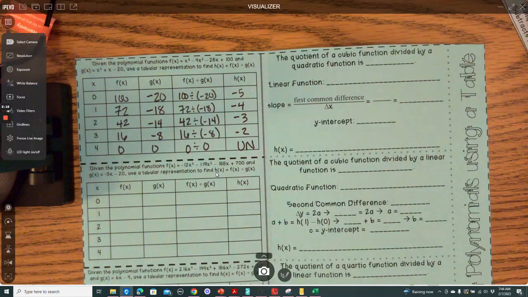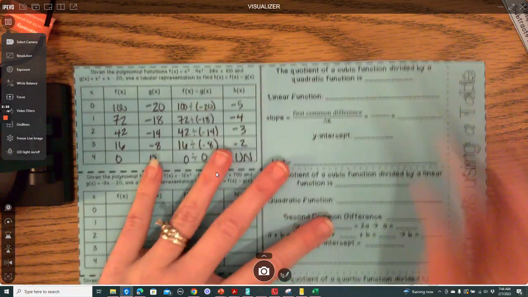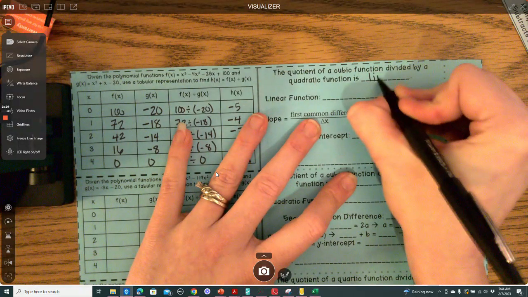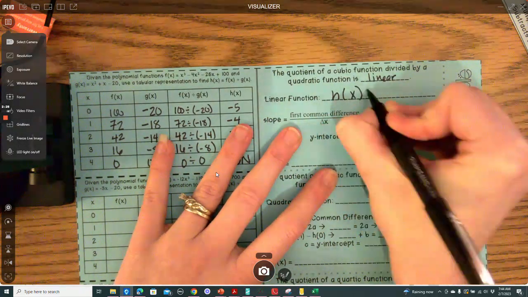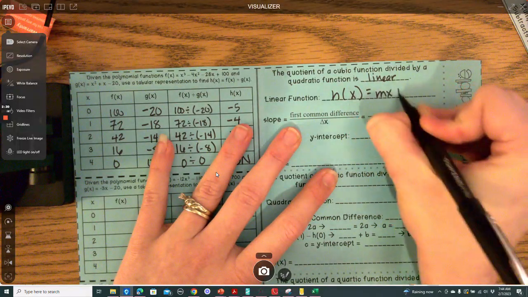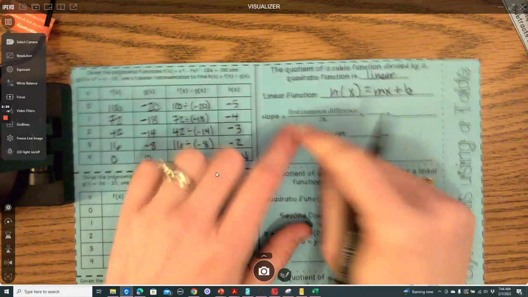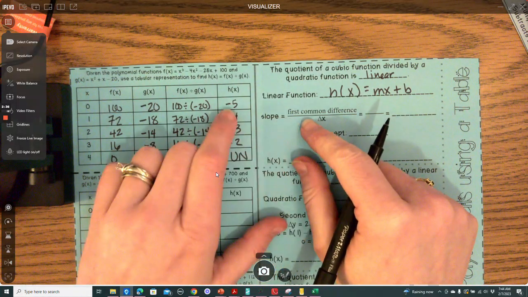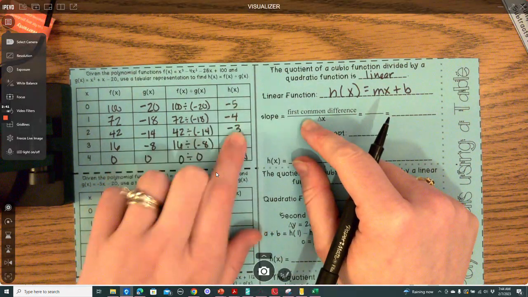So where this comes in handy, the quotient of a cubic function divided by a quadratic function is linear. And a linear function is in the form h of x equals mx plus b. So if we're using finite differences, the first common difference, so the change here, how is the y or the output changing?